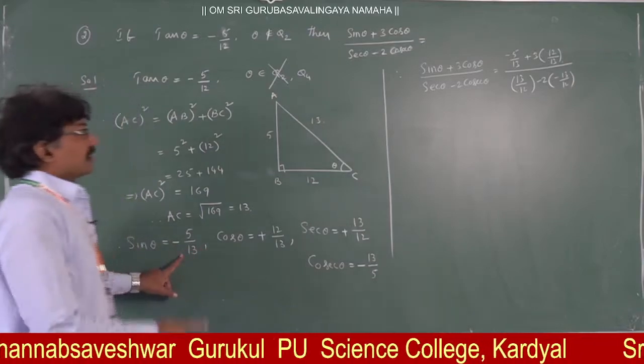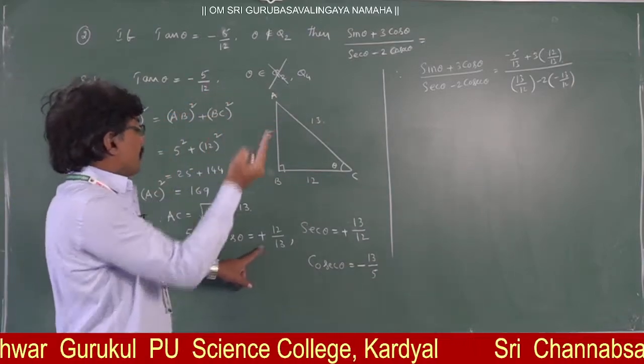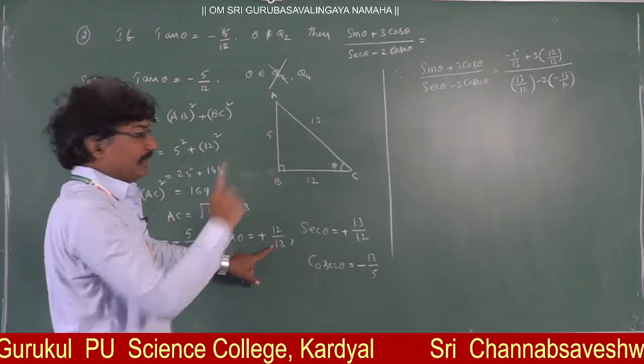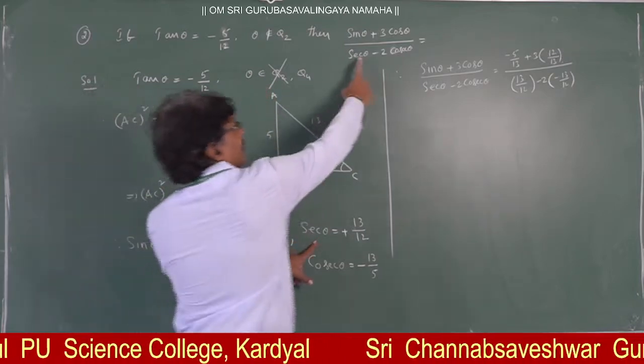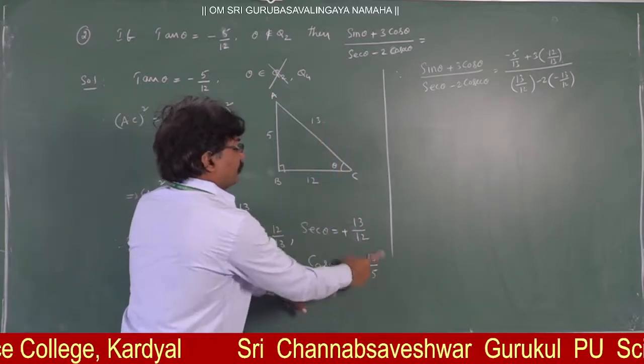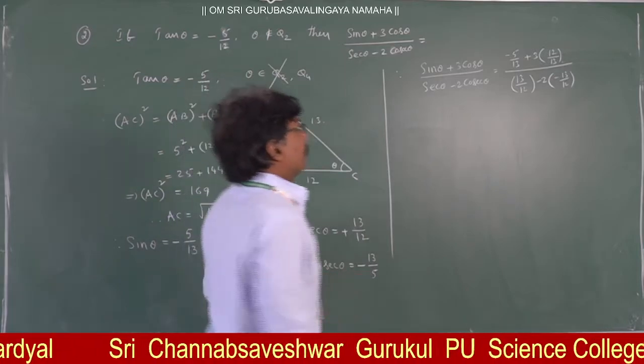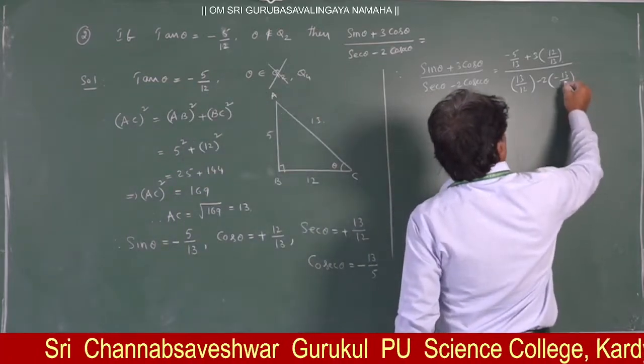Just a substitution. Sin theta is minus 5 by 13. 3 into cos theta is 12 by 13. Secant is equal to 13 by 12. Minus 2 into cosecant theta, minus 13 by 5.